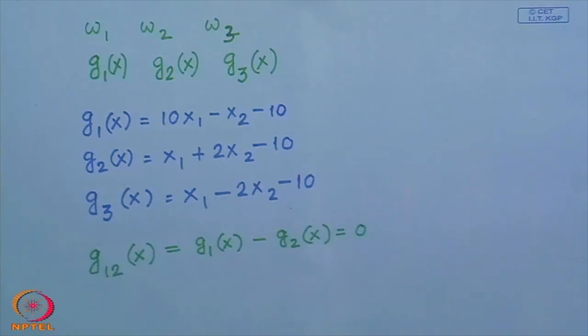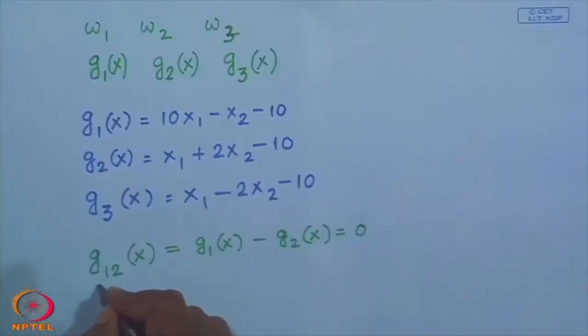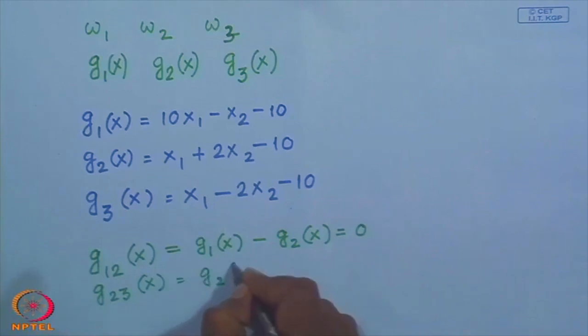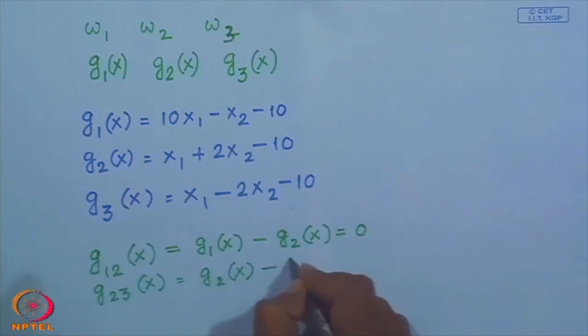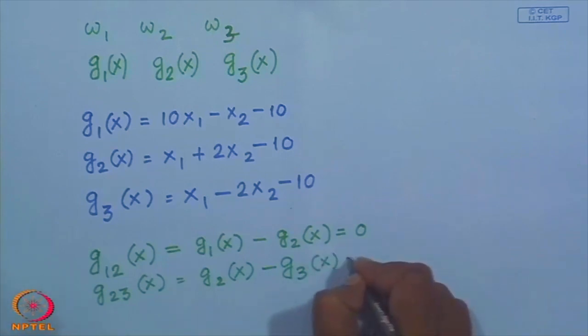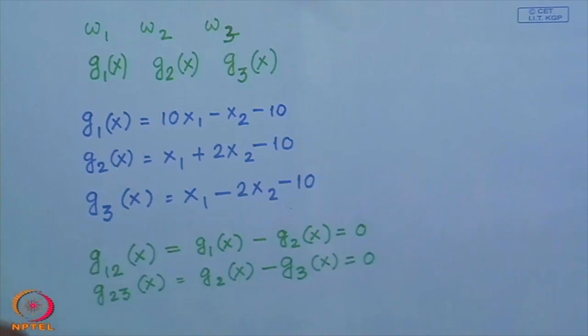Similarly, I find g23x, the decision boundary between class omega 2 and class omega 3. I will compute g23x as g2x minus g3x, and equate this to 0 to get the decision boundary between class omega 2 and class omega 3.